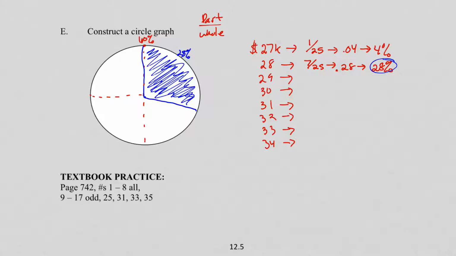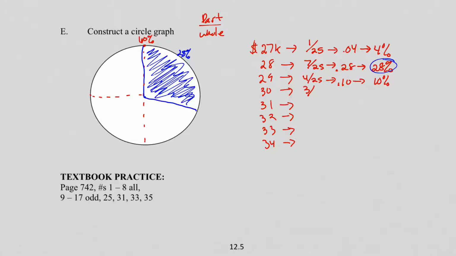By the way, if you type these numbers in an Excel spreadsheet, you can highlight them and it'll calculate these for you, and if you know how to choose the right graph, it'll actually give you a circle graph.